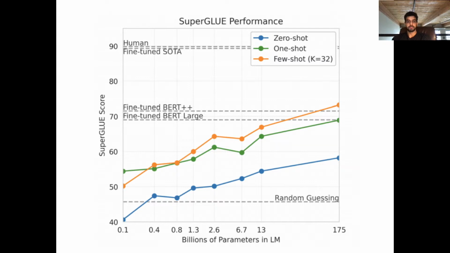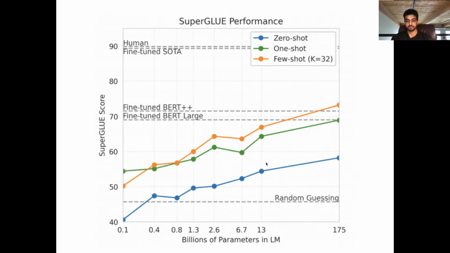Okay, so here was just a comparison on SuperGLUE, which is a benchmark of a bunch of different NLP tasks, including a lot of classification tasks. And this is just the average score on all of these tasks in this benchmark dataset. Here we see at the bottom the random guessing line, and zero-shot GPT-3 with a very small model size is about as good as random guessing.